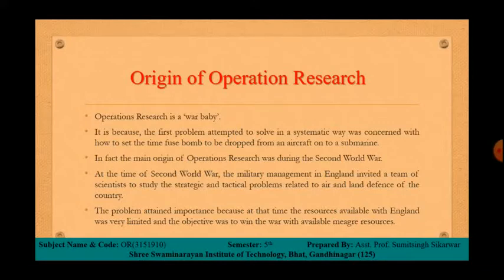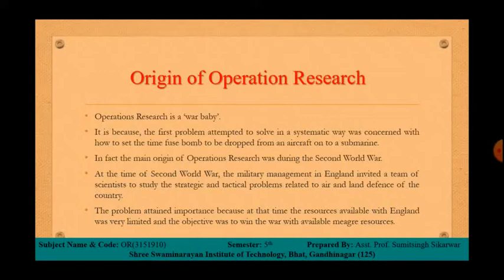Hence, the generals of the military invited a team of experts from various fields of life, such as scientists, doctors, mathematicians, business persons, professors, engineers, etc. And the problem of resource utilization was given to them to discuss and come out with the best feasible solution.